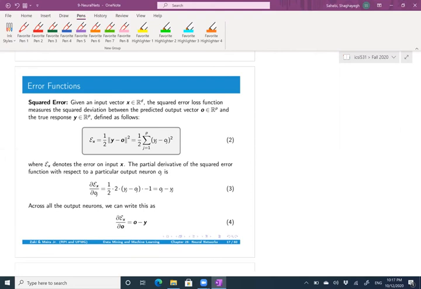So we need to have an objective function or a loss function to be able to learn the W's based on that function, right?